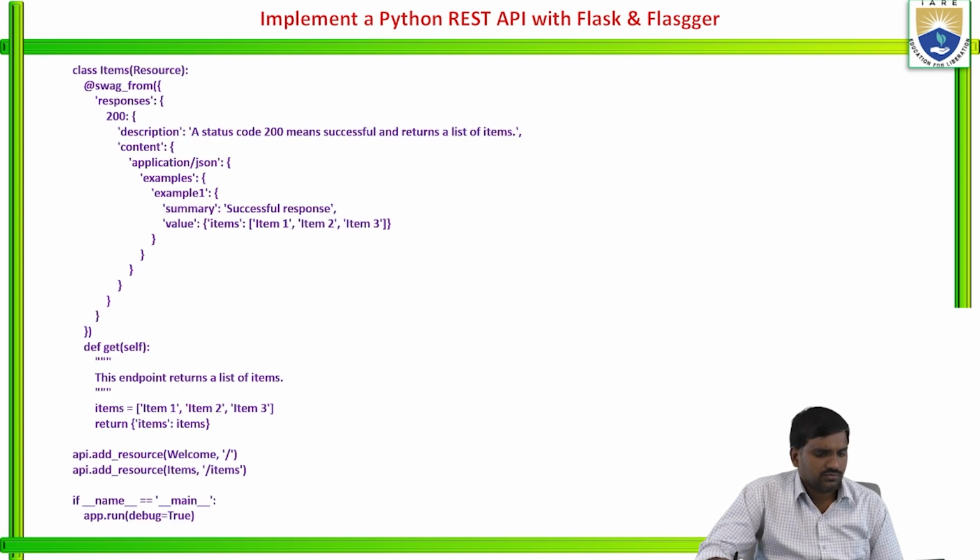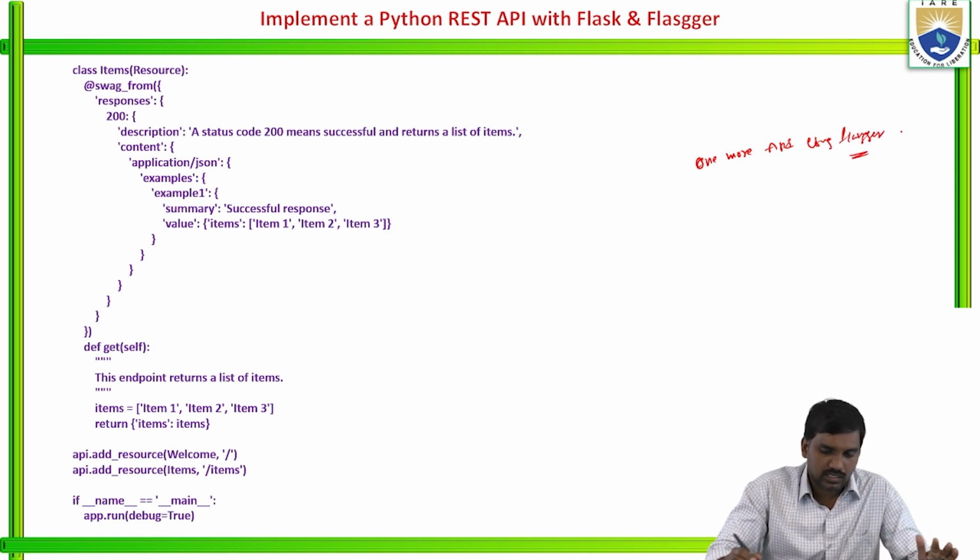Apart from this, we have some class items. I already told you to create one more API using Flasgger. We use GET and POST HTTP commands.